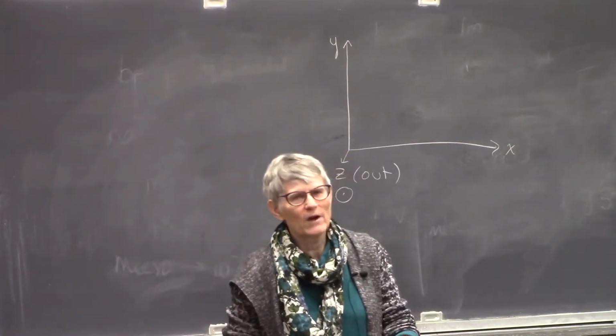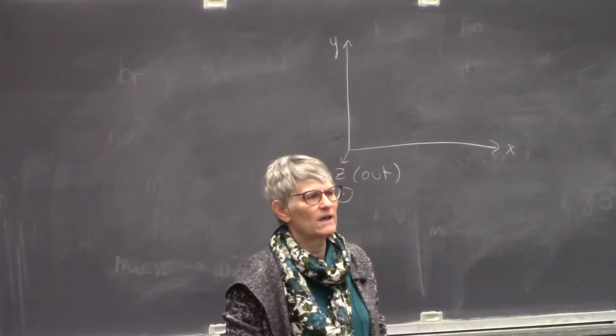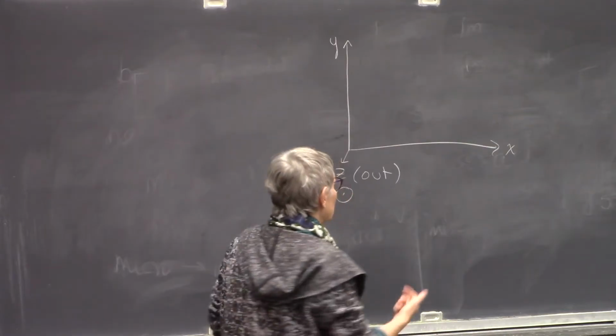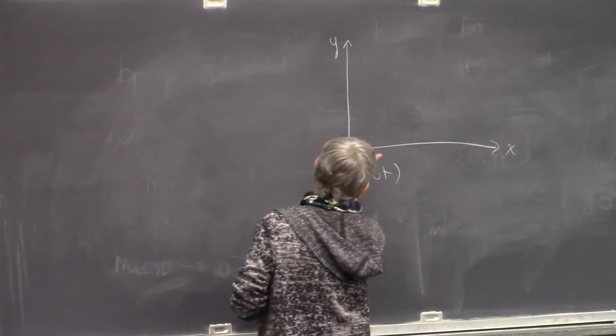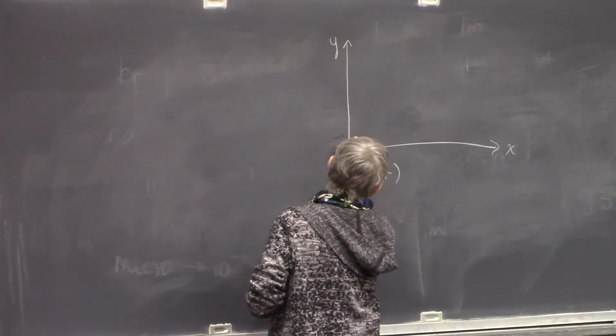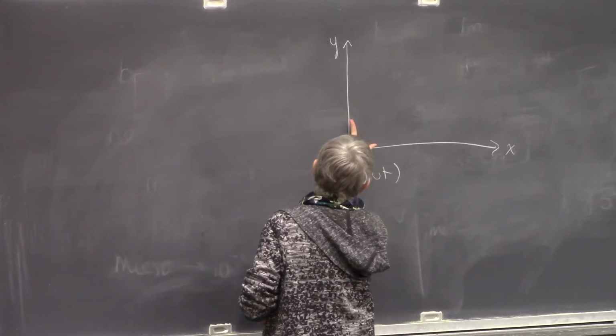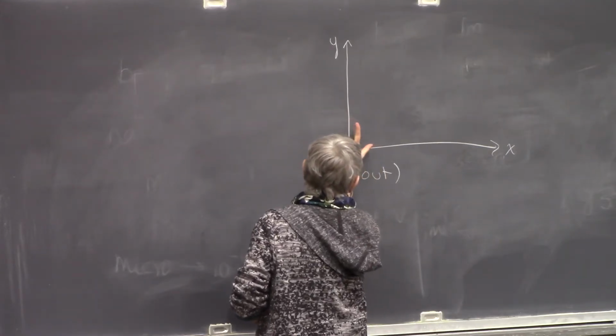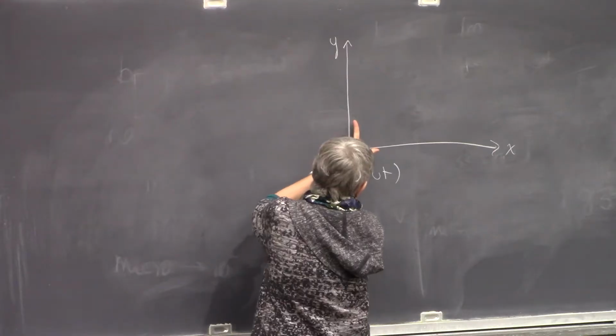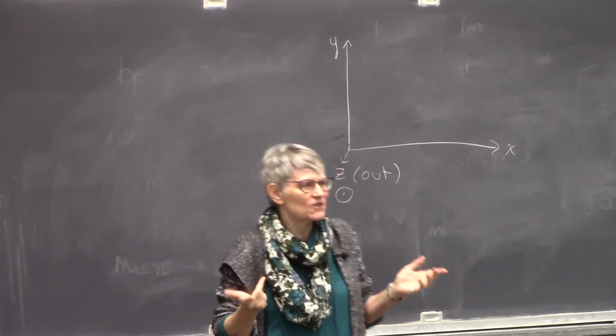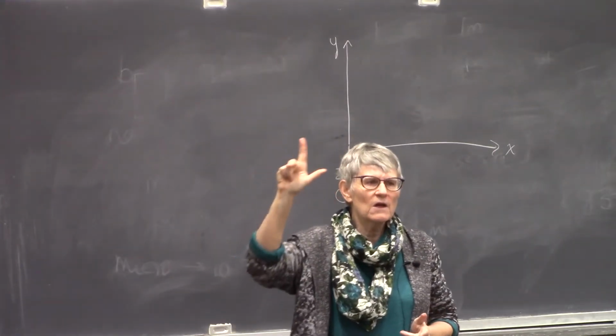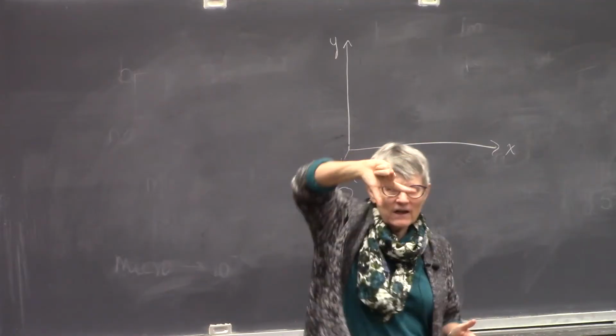We always work with a right-handed coordinate system. It's called right-handed because if you use your right hand and point your thumb along the x-axis and your first finger along the y-axis, then the next finger sticks out the way the z-axis has to go. And you could have it in any orientation.